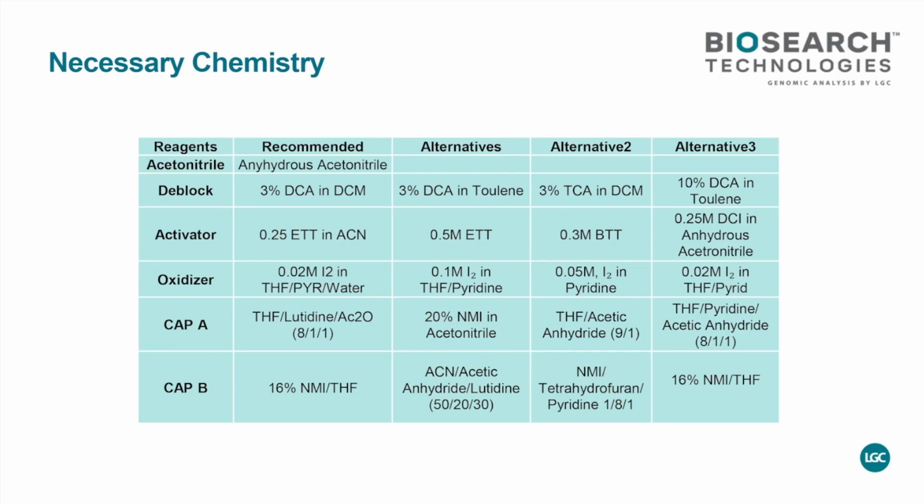For the D block, as you can see, there are different percentages. You can have 3% DCA or 3% TCA, which is dichloroacetic acid or trichloroacetic acid, in different solvents, either DCM or toluene. Also, you can go up to 15% of your acid.